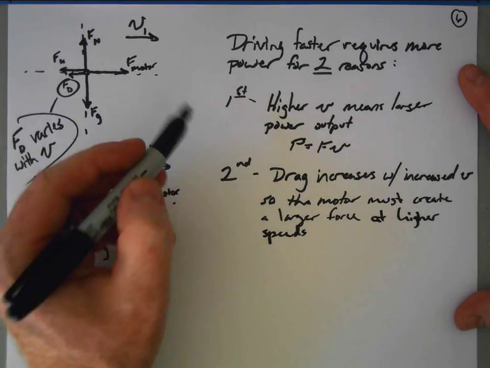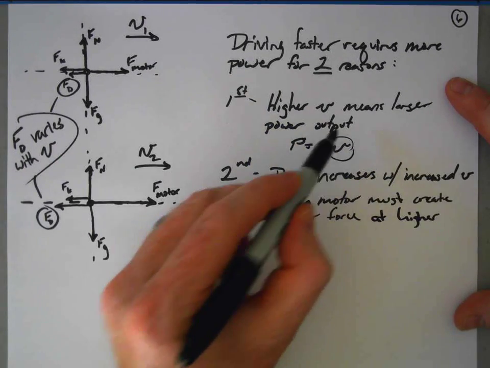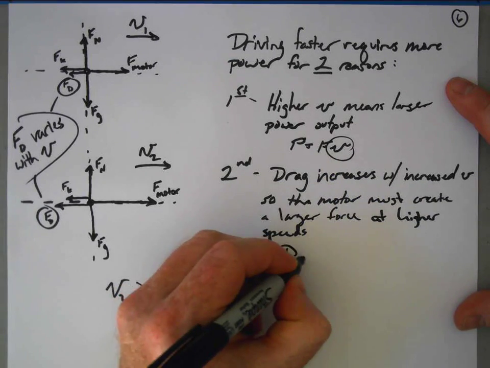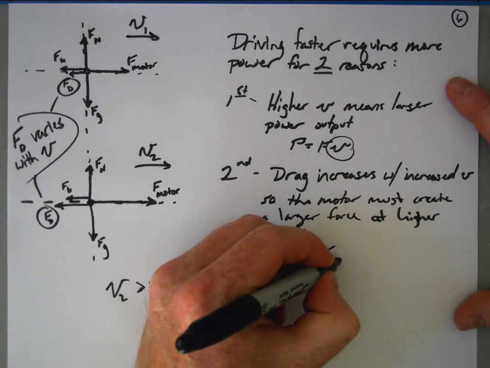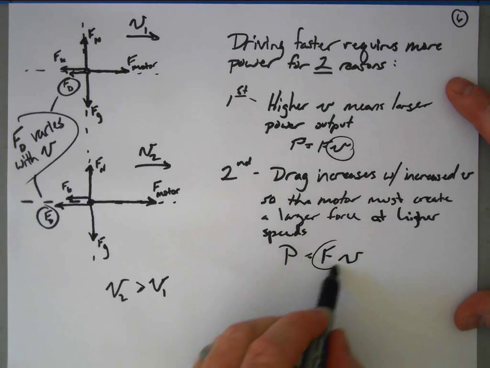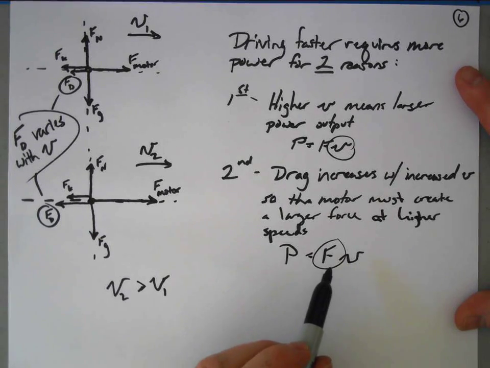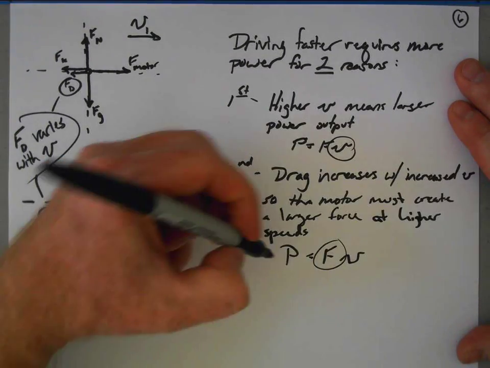So in the first case, the first reason, larger velocity required a larger power output. In the second reason, here we see that the force required is larger at those higher speeds, which means even more power is required.